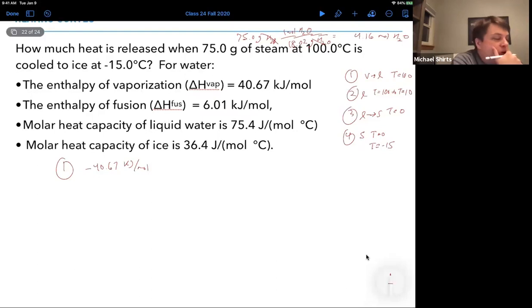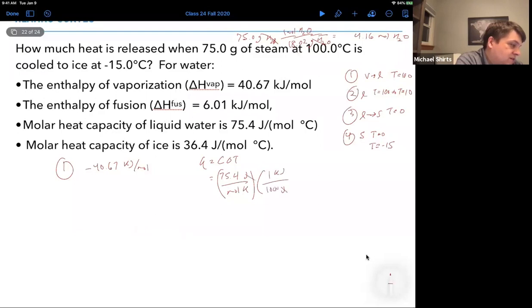And we'll just do everything on a molar basis and then multiply by the number of moles at the end. We've got the heat is going to be the heat capacity times delta T, right? So the heat capacity is 75.4 joules per mole Kelvin. And again, we're looking at the heat capacity of water because we're cooling the water at this point. 1 kilojoule, 1,000 joules.